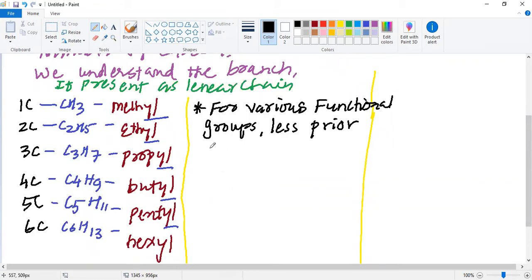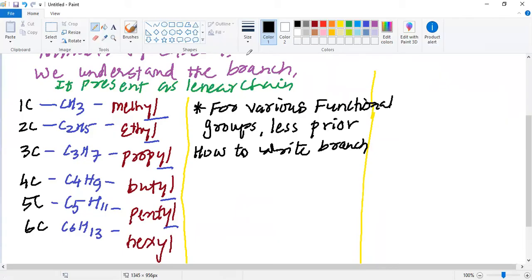How do we write their branch? So let us understand this one by one, my dear students. It is very interesting, and you need to remember these prefixes also. Please remember these prefixes, my dear students.